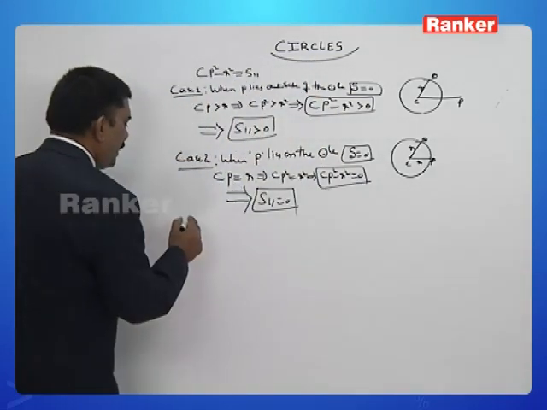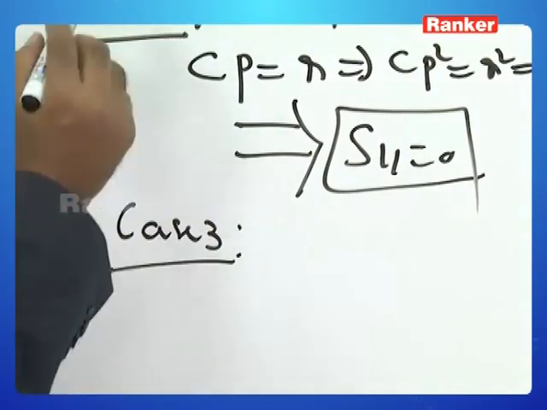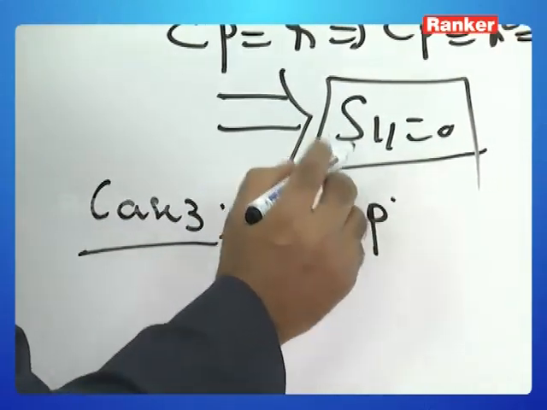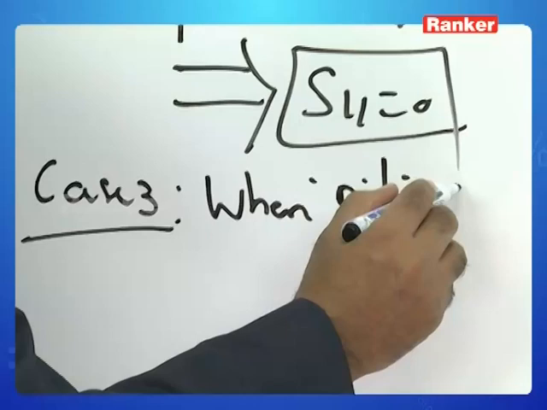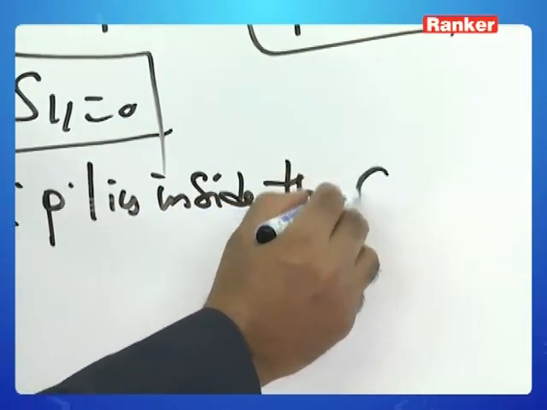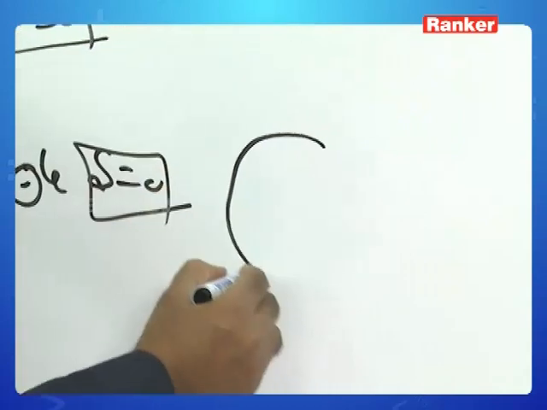Now I go to case 3. What is case 3? Case 3 is when P lies inside the circle S is equal to 0. Now I go for this figure.